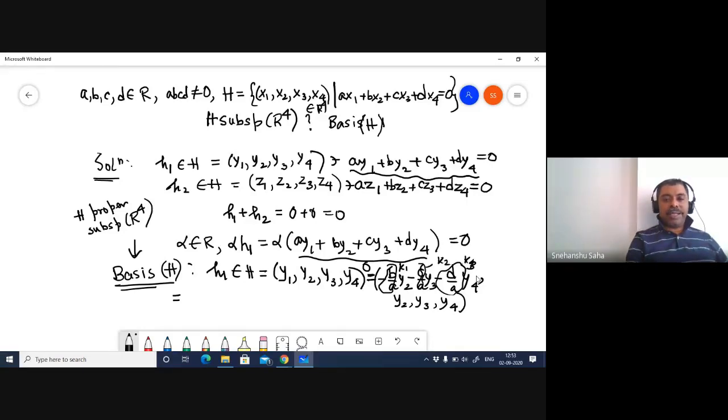So I can write this as follows. Taking out y2, you have minus k1, 1, 0, 0, plus y3. What happens when you take out y3?